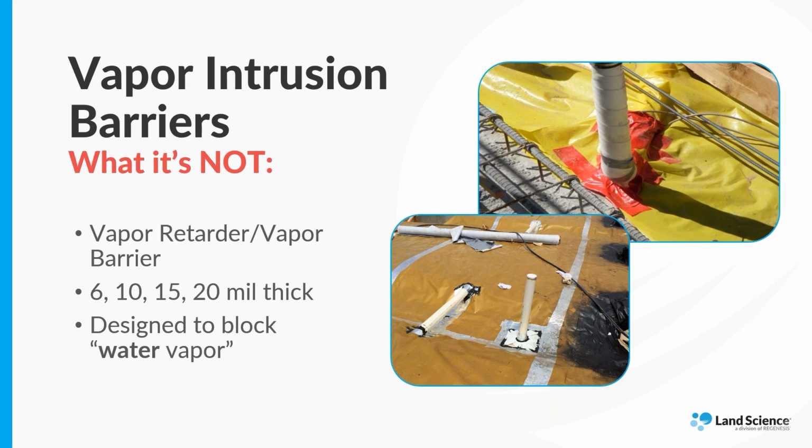Our spray-applied chemical barrier systems can provide double duty for moisture vapors, but they are intended first and foremost for chemical vapors. You don't want something designed for water vapor being the only layer of protection between chlorinated solvent vapors and the people living or working in the building above.